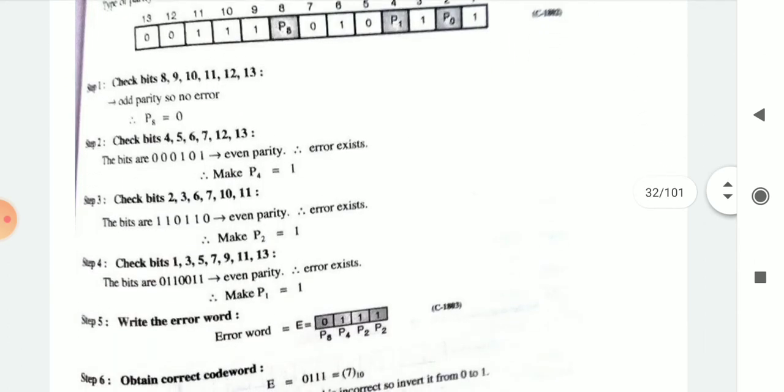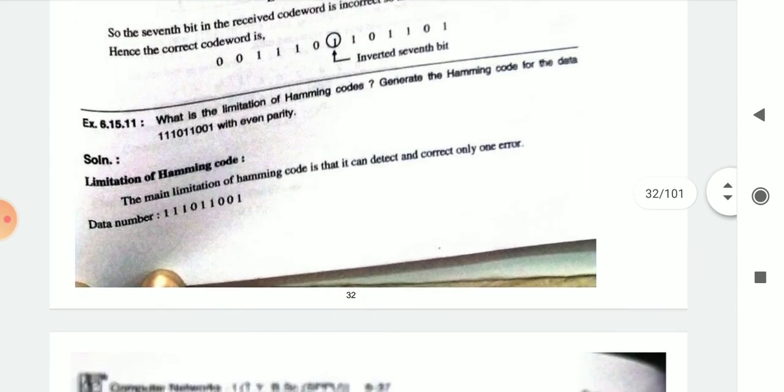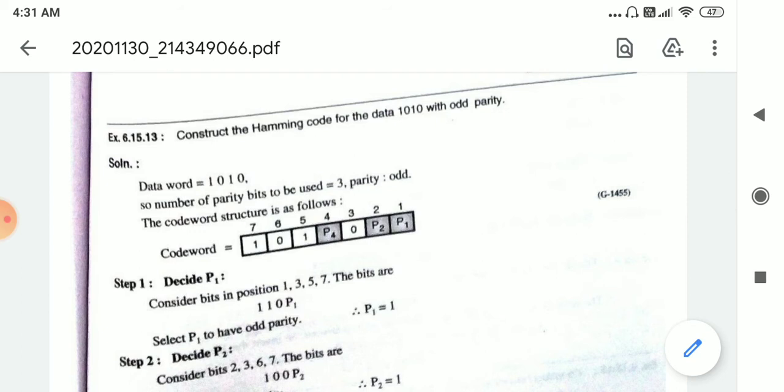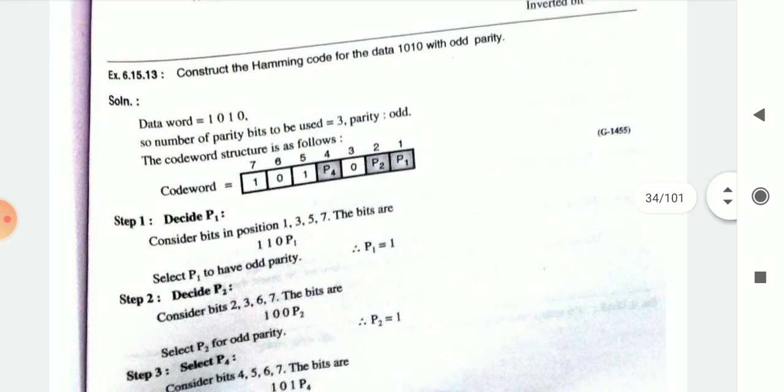This is all about the examples. There are so many solved examples. Consider the Hamming code for the data 1010 with odd parity, which means we have to consider odd parity.